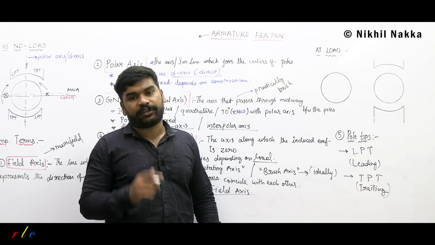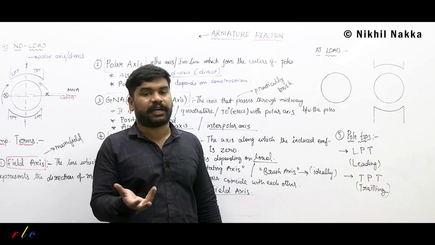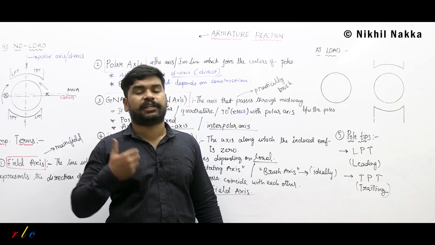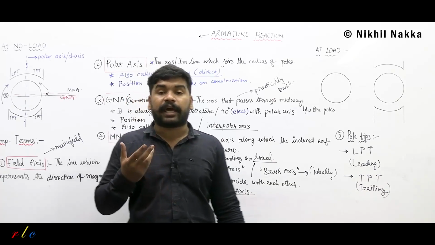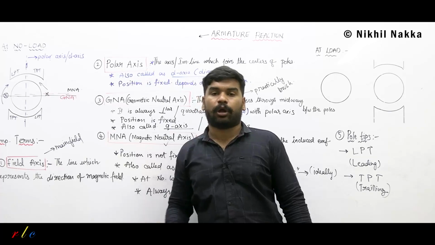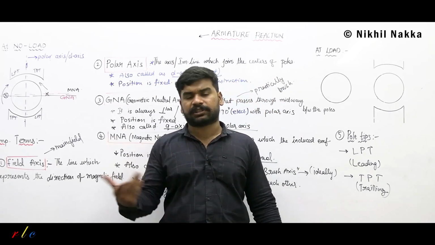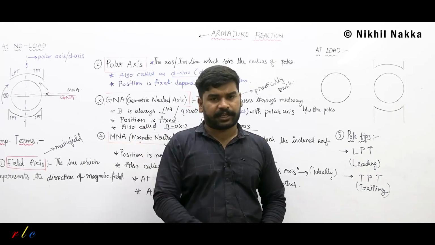Another fact you have to understand is that for the same conditions in a generator and a motor, the direction of rotation will be different. If the generator is rotating clockwise, then the motor has to be rotated anti-clockwise for the same condition. Same condition essentially means the direction of current.